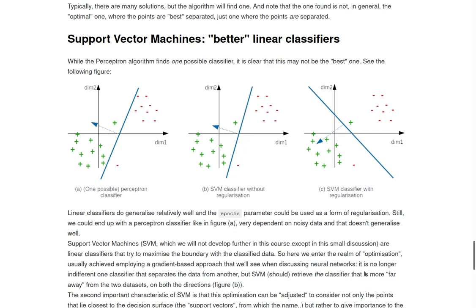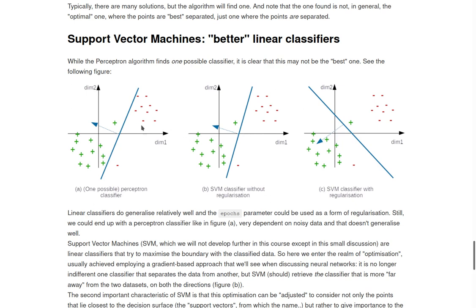To do that, we enter somehow the realm of optimization, because this is achieved by maximizing the margin, and this is done by employing a gradient-based approach, which we'll see when we discuss neural networks, because it's basically the same.